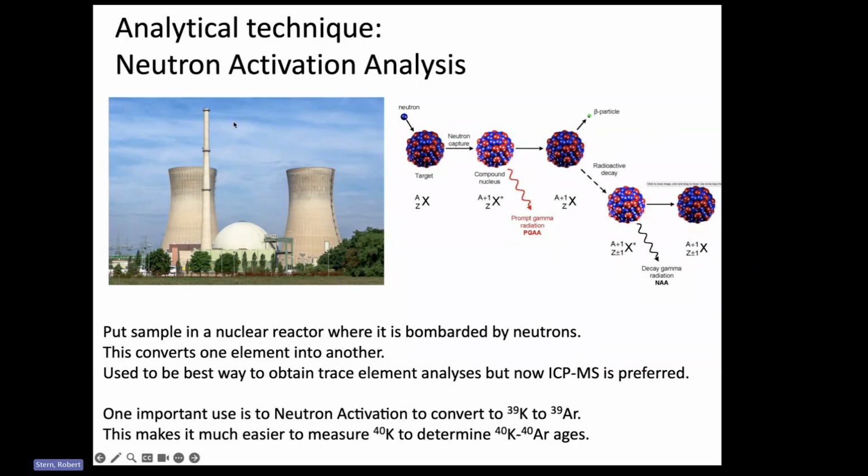So the actual decay scheme for potassium to argon is potassium-40 to argon-40. Now, there's not much potassium-40, but there's a lot of potassium-39. And we know the ratio of potassium-40 to 39. So if we determine how much potassium-39 is in there, we can easily figure out how much potassium-40 is in there, which is part of what we need to know in order to calculate an age.